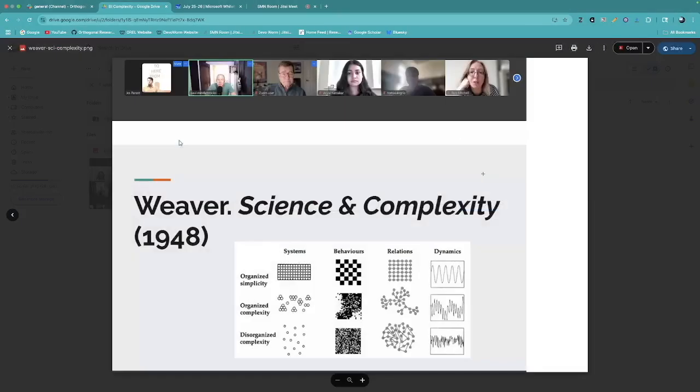This is the paper by Weaver, Science and Complexity, from 1948. This is where it gives this typology of different types of complexity: organized simplicity, organized complexity, and disorganized complexity. So organized simplicity focuses on regularity.